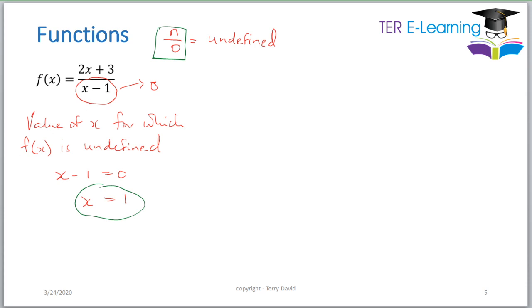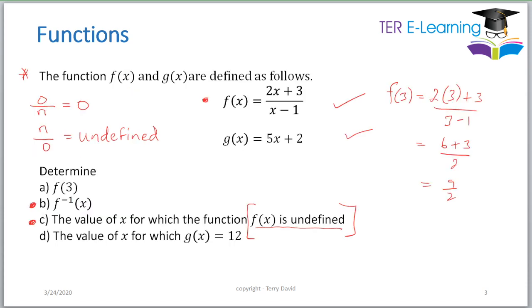Now, let's go back to this here now, the last part of the question. They want to know the value of x for which g of x is equal to 12, right? So g of x is this.